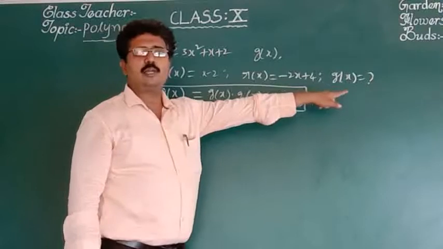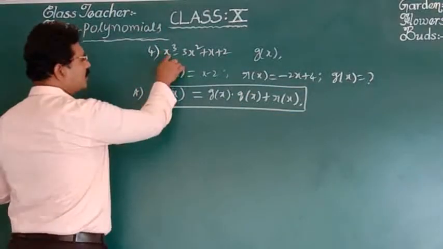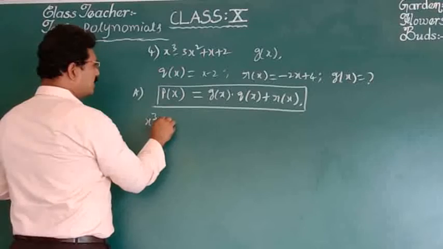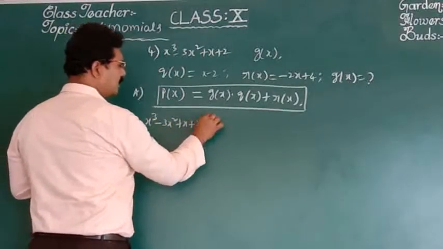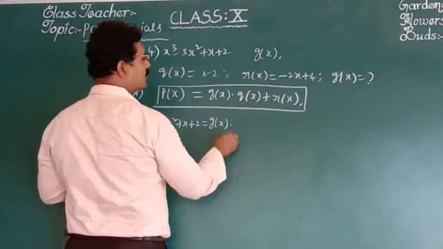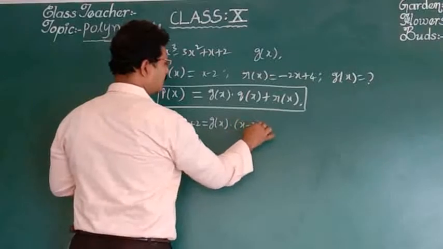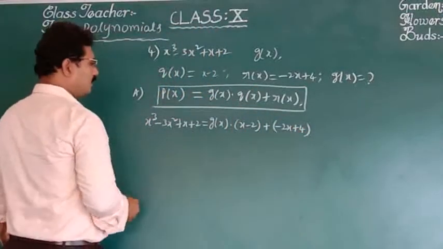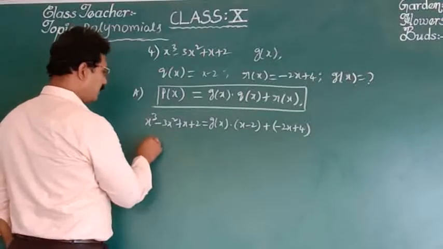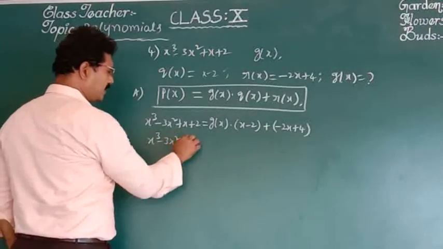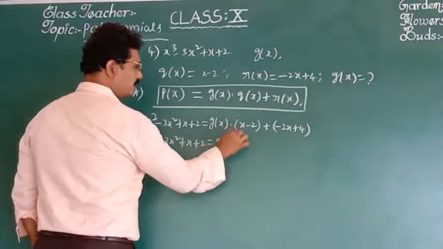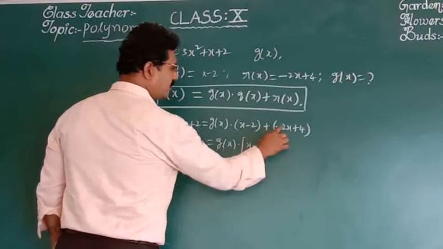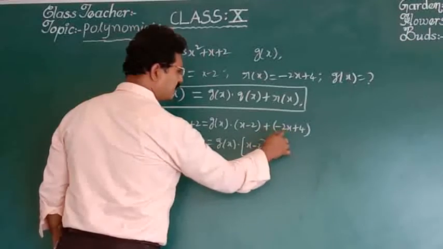Now by this we have to calculate the value of g of x. First, p of x is x cube minus 3x square plus x plus 2, which is equal to g of x into the quotient x minus 2, plus the remainder, minus 2x plus 4.